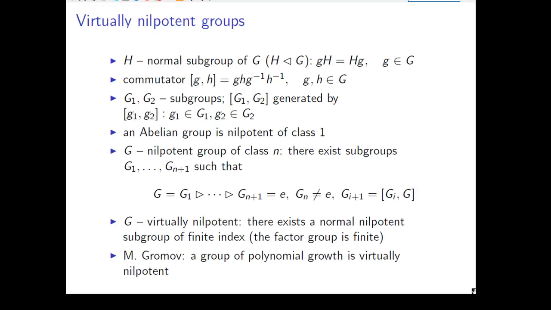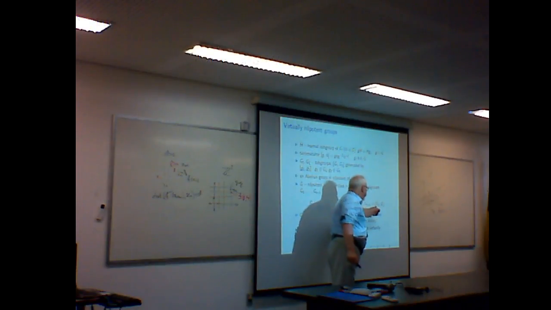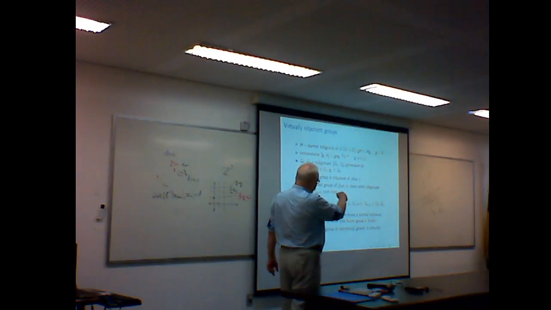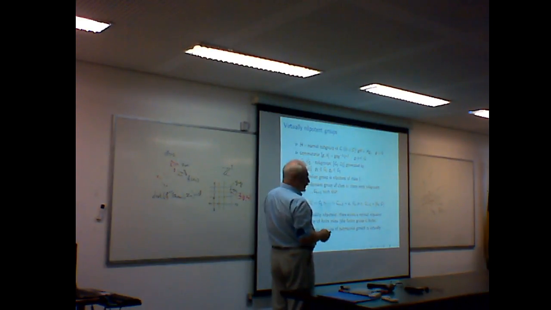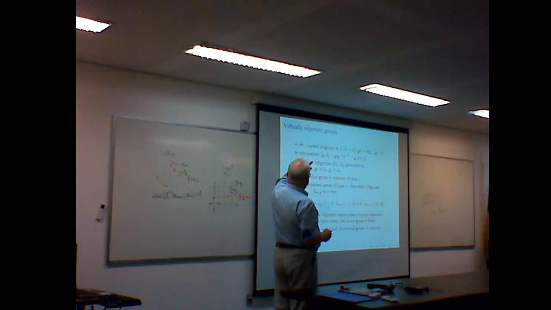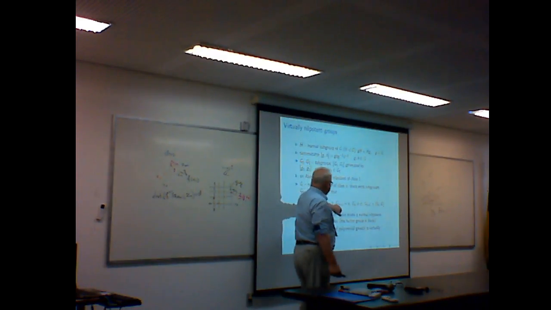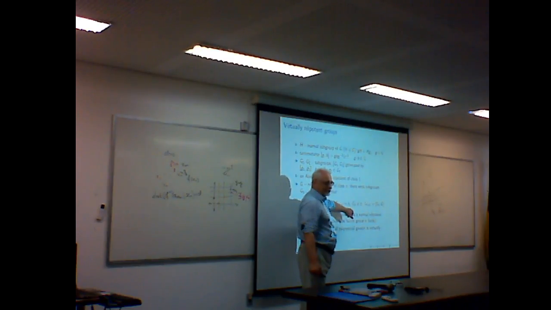if there exist, this is called the lower series, subgroups with this property: any next one is the commutator of the previous with the group G itself, and it ends at the unit element.